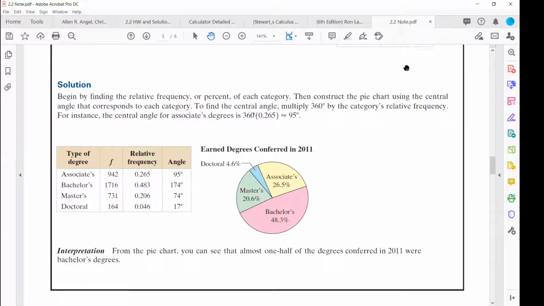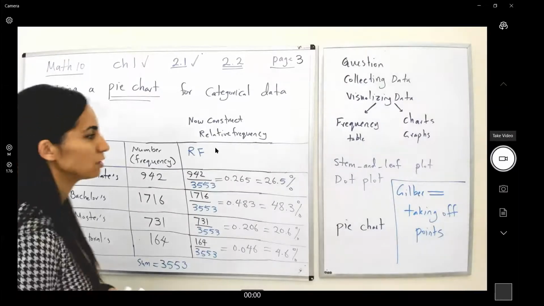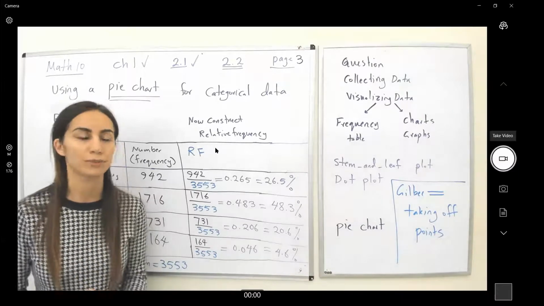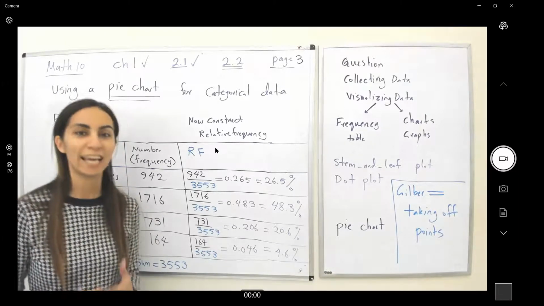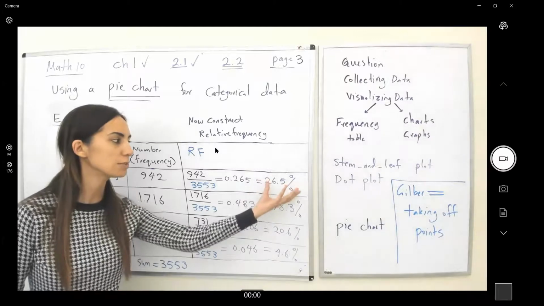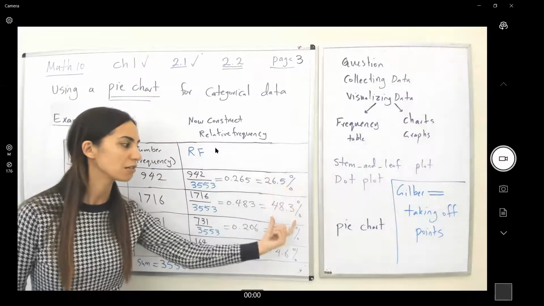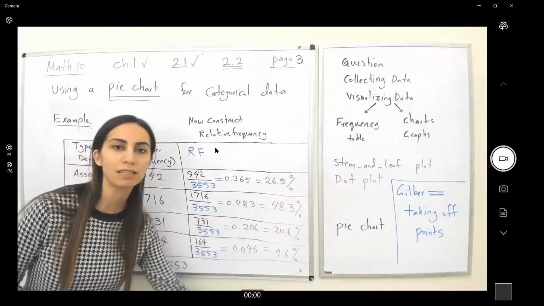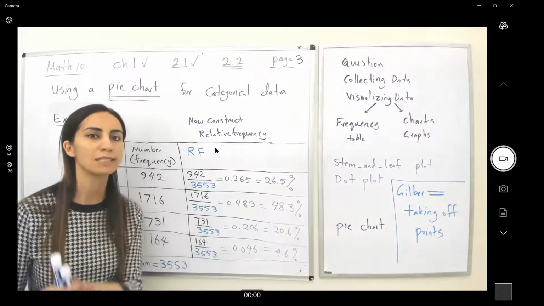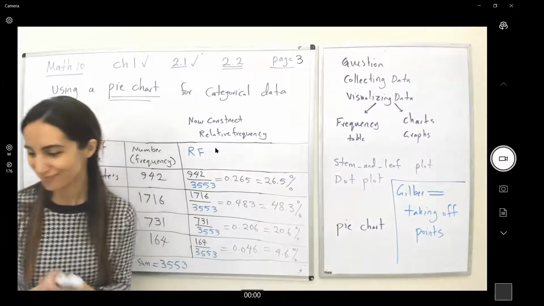Very good. Okay, now how do we use angles? To use angles you have to multiply each of these relative frequencies or percentages by 360 degrees.